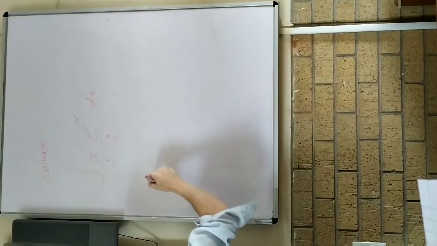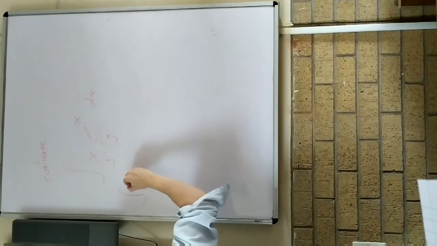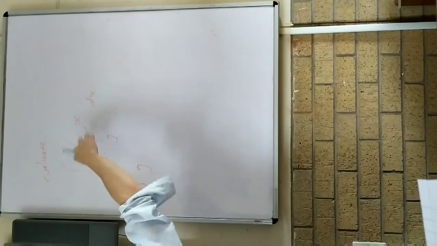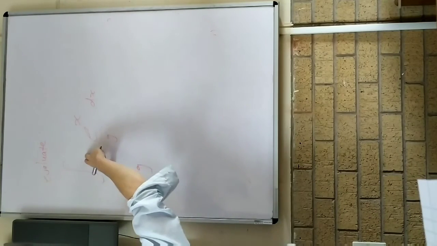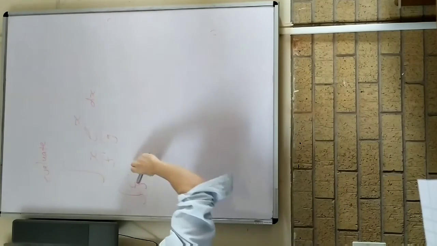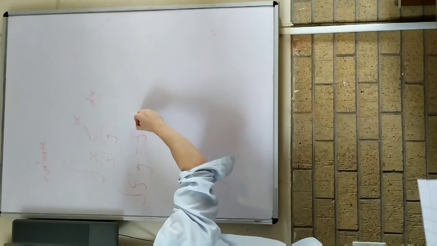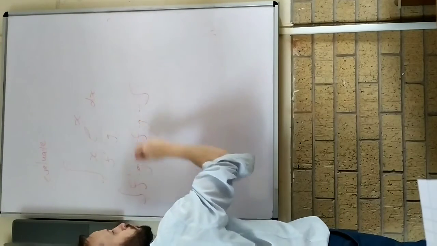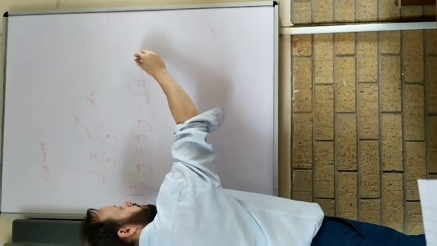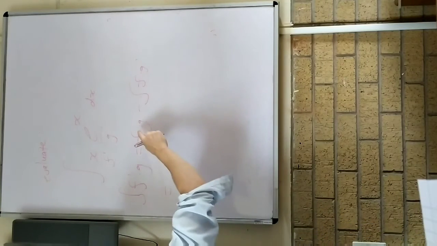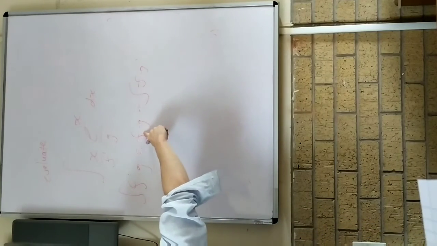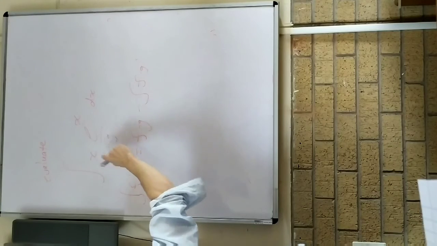Okay, what happens? The rule tells you that the integral of f dash g, which is now going to be this, right? We're calling this f dash, and we're calling this g. It's equal to f times g minus the integral, and now you swap the order, of f g dash. Okay, what's that equal to? f. f is the integral of this, right?